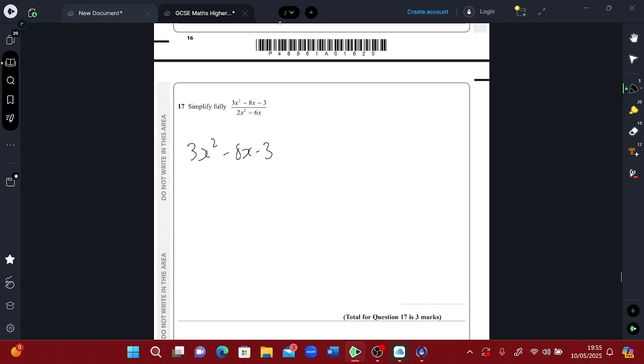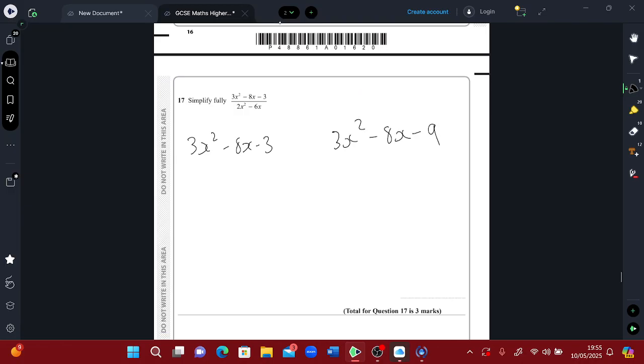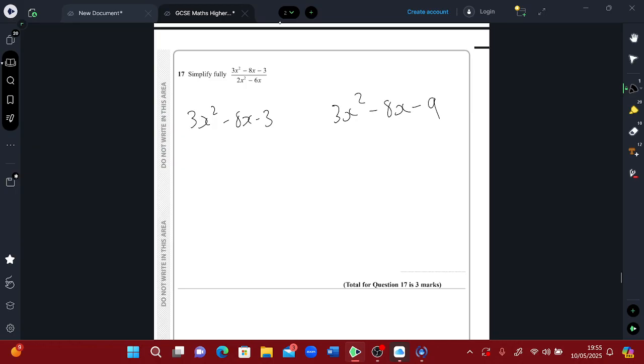So there's a method with this, which is to firstly times 3 by the constant here, minus 3, which gives minus 9. And then consider the expression 3x squared minus 8x minus 9, and treat this as a normal quadratic in a way.